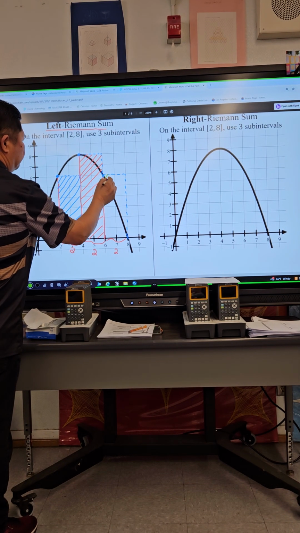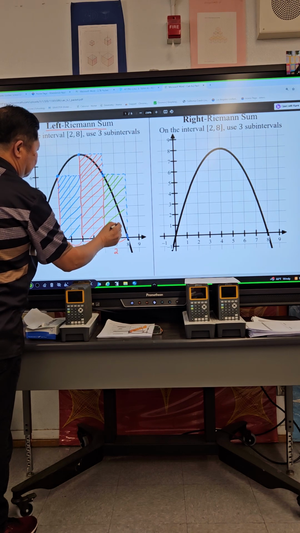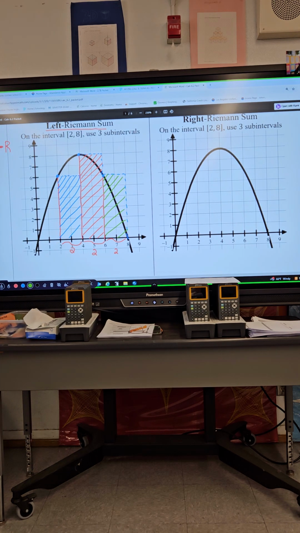Can you see now that there are 3 rectangles, right? Again, what do you mean by these 2? In terms of the rectangle, this is the width, right? The width is 2.